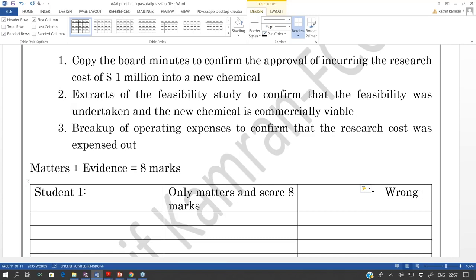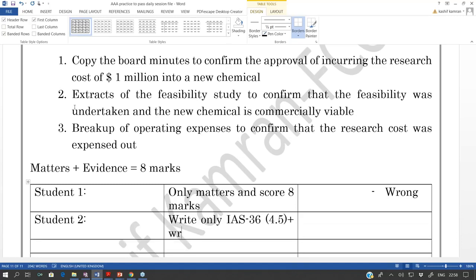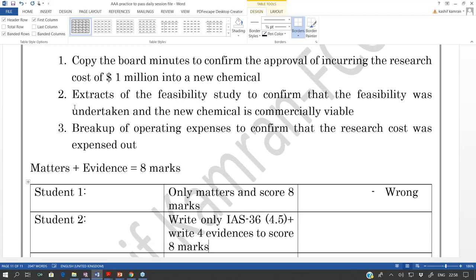Okay, there is another student two, who writes only IAS 36 and scores the 4.5 marks, and plus writes like 4 evidences to score 8 marks, and the student skips IAS 38.